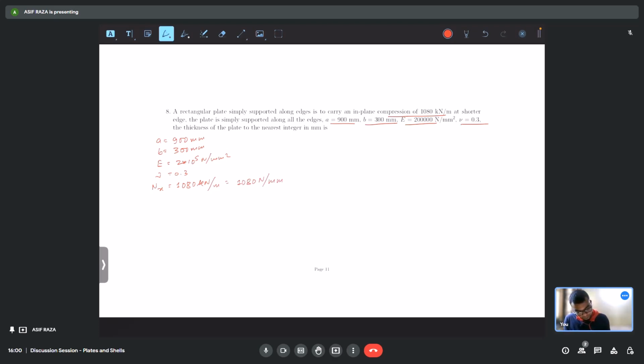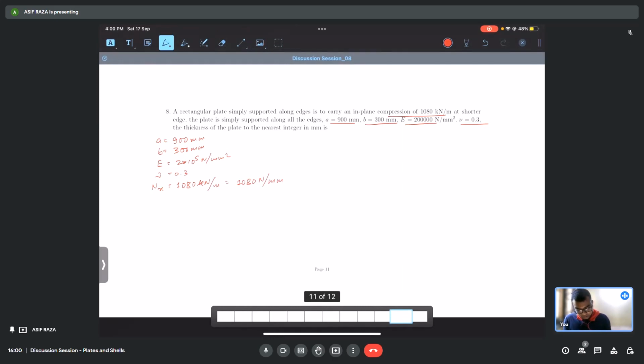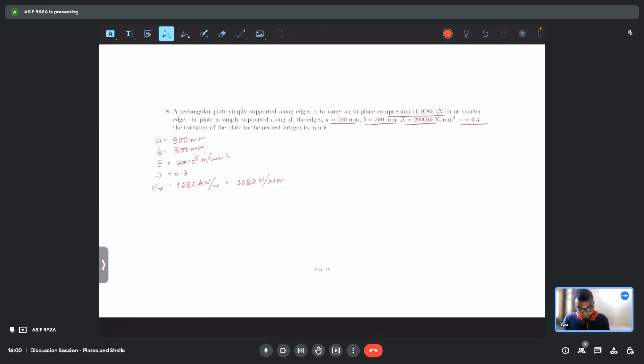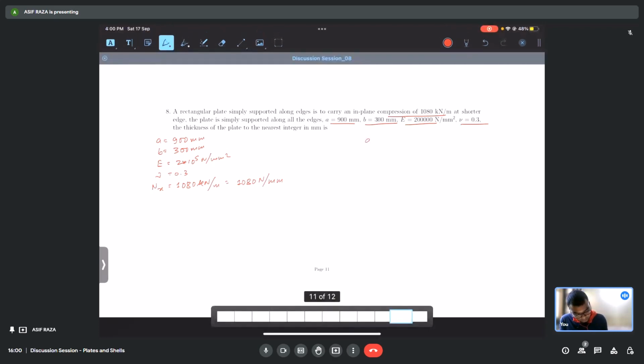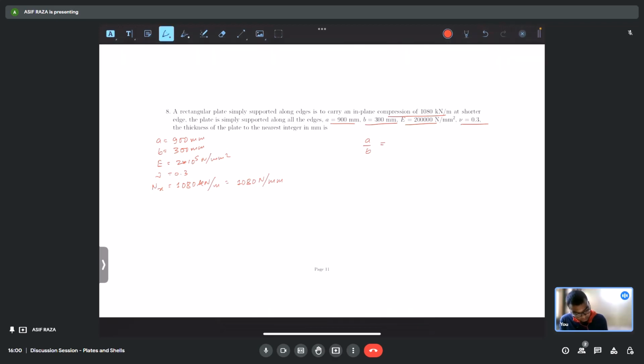Now let's find the ratio of A by B. A by B is 900 by 300, which is equal to 3, right? As you see, 3 is a whole number.